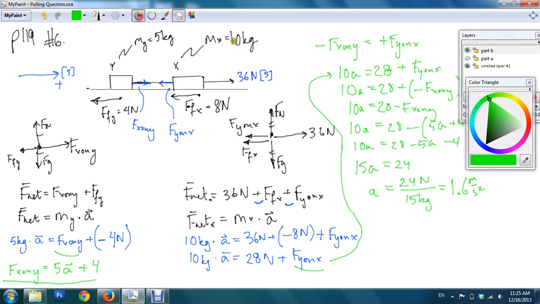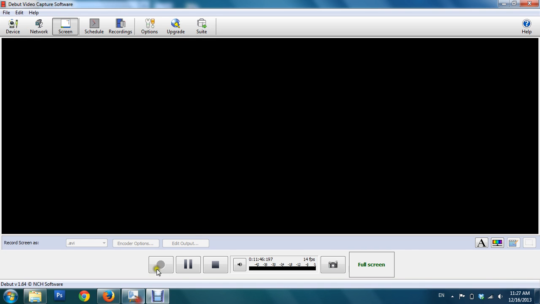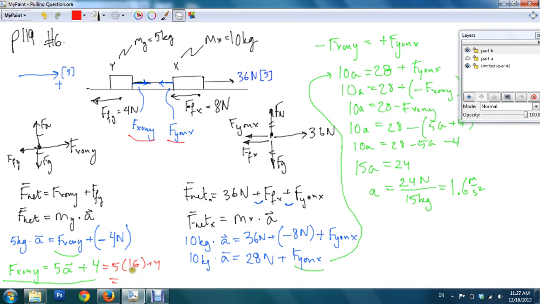Now, smooth sailing from here. Everything is just the same as it was in the previous question. If you want to find these two forces, you plug the acceleration into the equation here. So this is 5 times 1.6 plus 4.